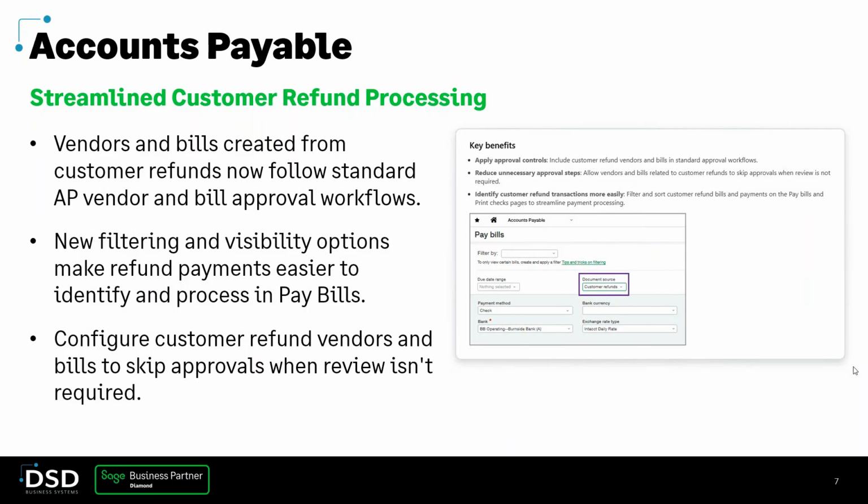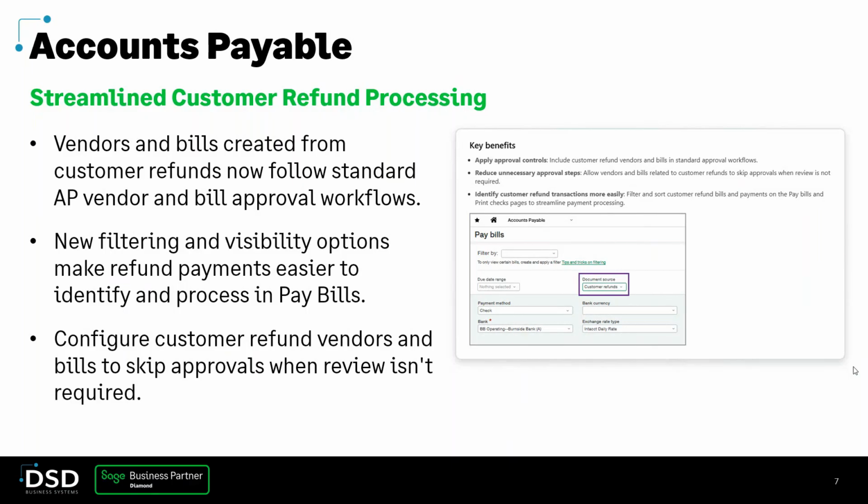And what they've done with this is they've taken that a step further and made this more streamlined, where when I'm going in and paying my bills, I can actually say I want to pay bills based on customer refunds, so those sources, so I can separate those out and filter those so that I can see those that are customer refunds versus just my normal AP bills that I'm paying. And then that gives me more visibility of that. And then I can also have that where it's not following your standard workflow and approvals for those bills.